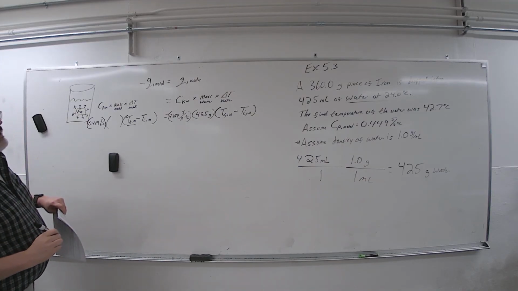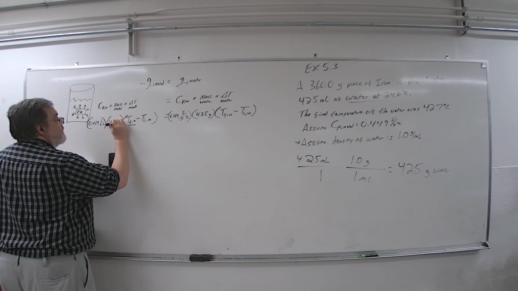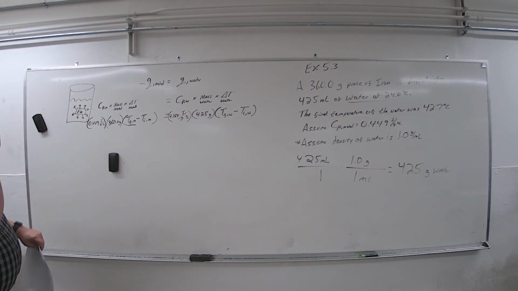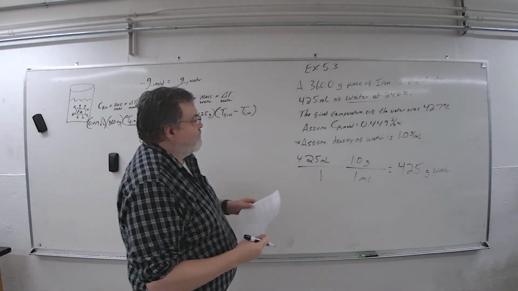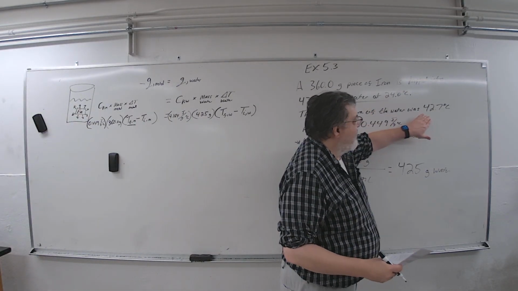The mass of the iron, 360.0 grams. Okay. Initial temperature of the water, final temperature of the water.